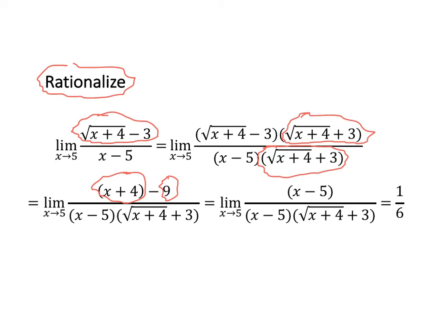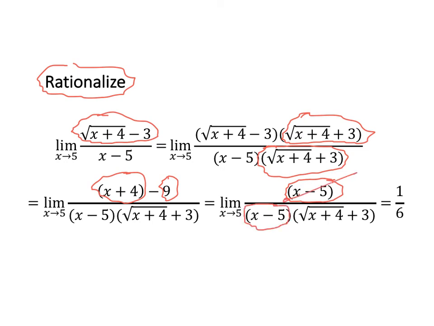Now, let's not multiply the denominator out initially. In the numerator I've got x plus 4 minus 9, which simplifies to x minus 5. Look at what I've got in the denominator, x minus 5.